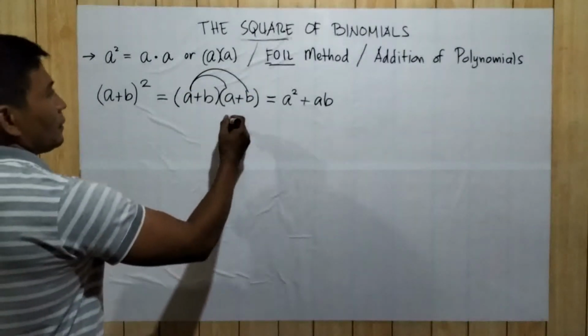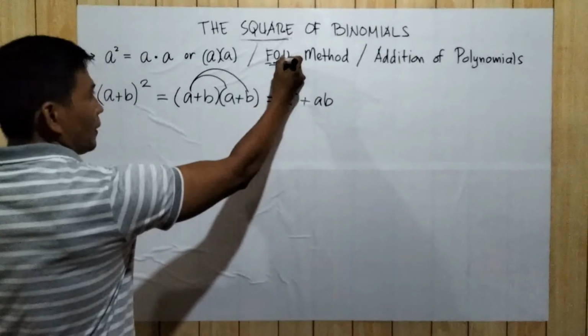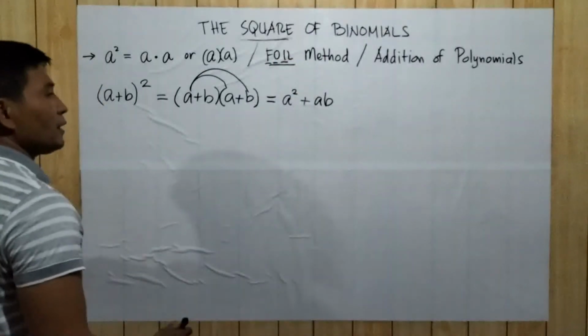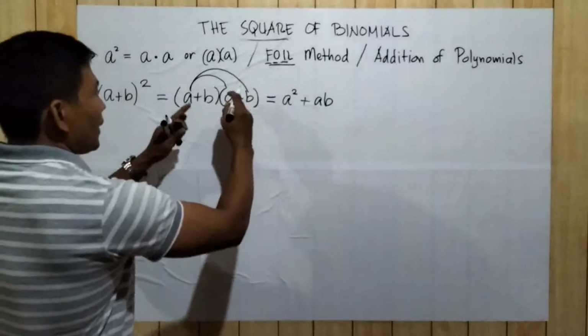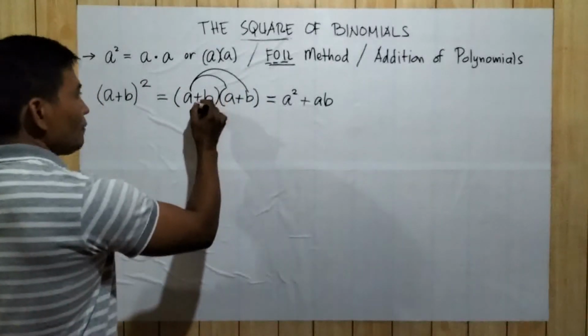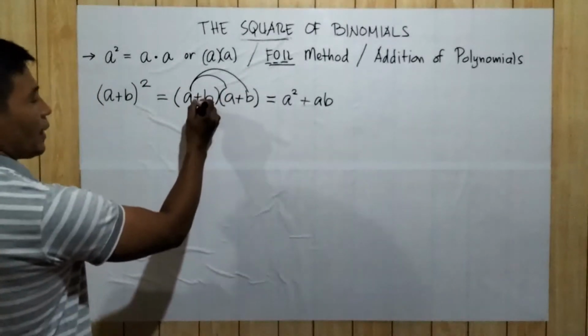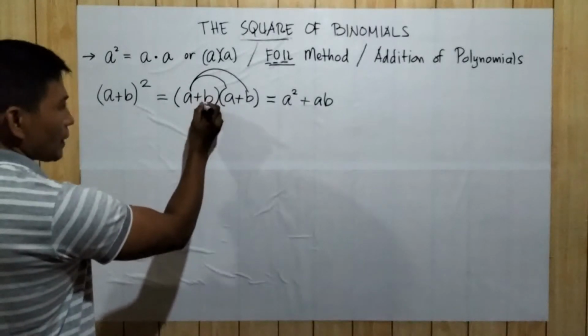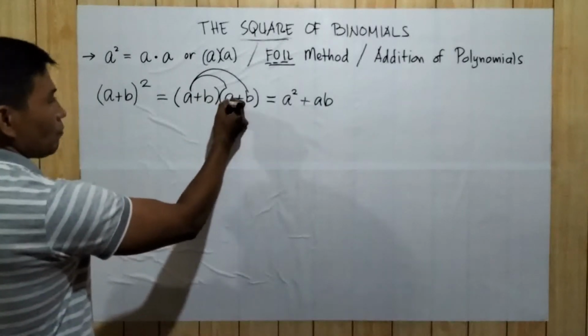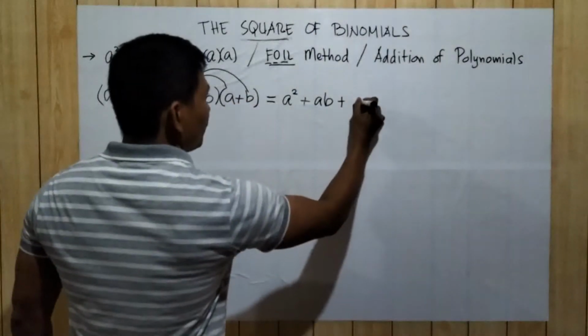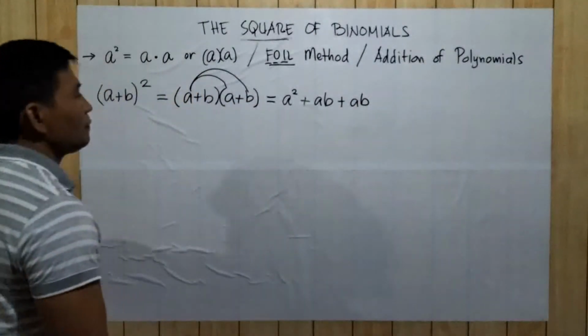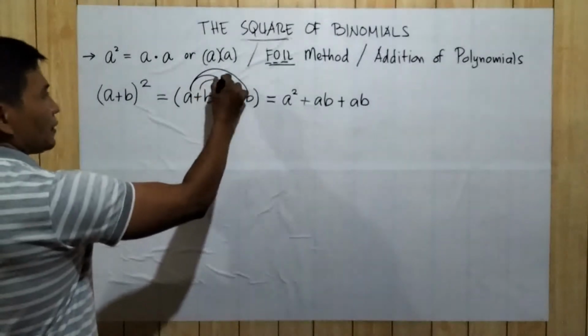Okay, yan na po yun. Ngayon, yun na po yung outer term natin. Ngayon, sa inner terms naman po tayo. Inner terms ng buong product na to ay positive b. Again, consider the sign of b, which is positive, at positive a. Positive b times positive a is positive ab pa rin. Okay? Yun po yung inner terms.